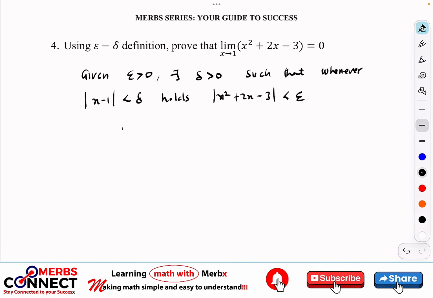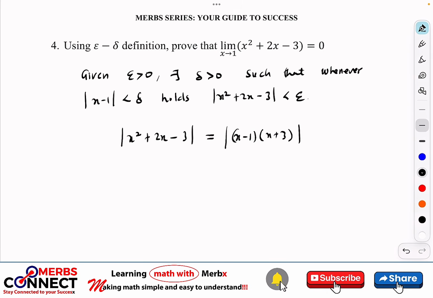So this is going to give us x squared plus 2x minus 3. What are the factors of x squared plus 2x minus 3? I think it should be x minus 1 times x plus 3, right?